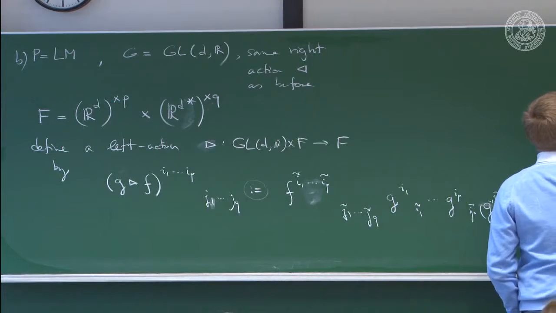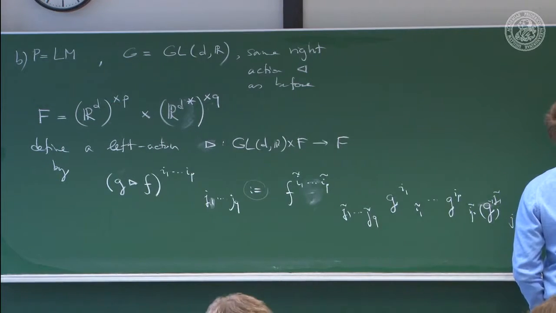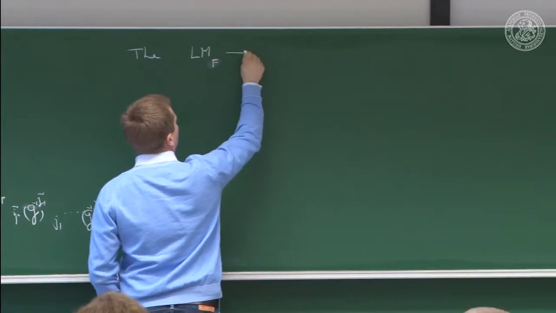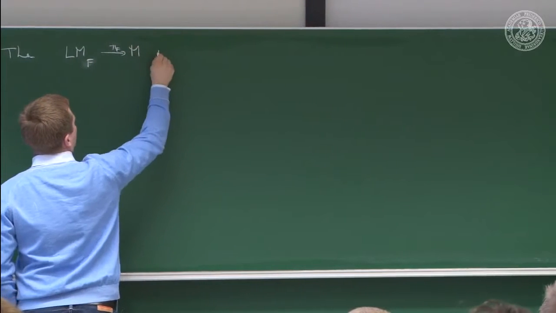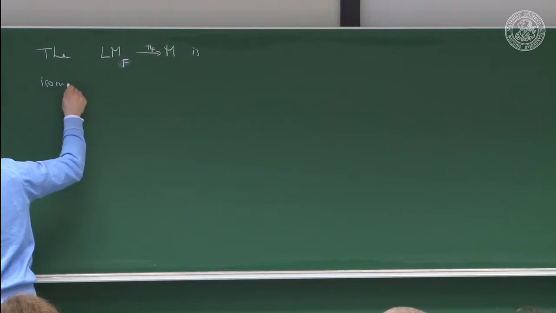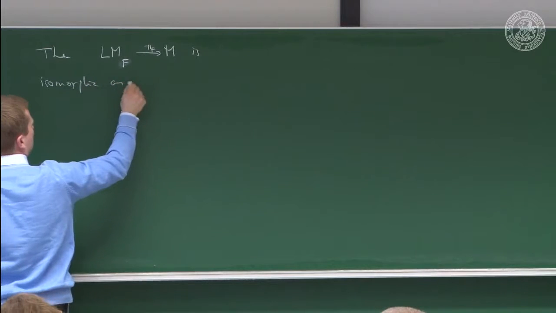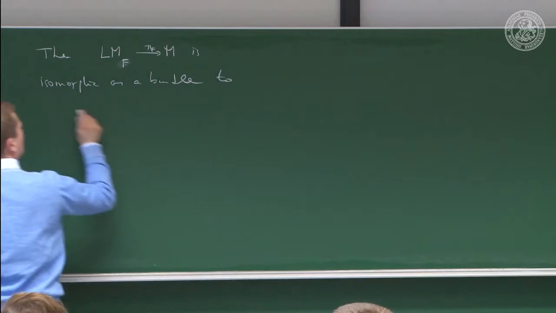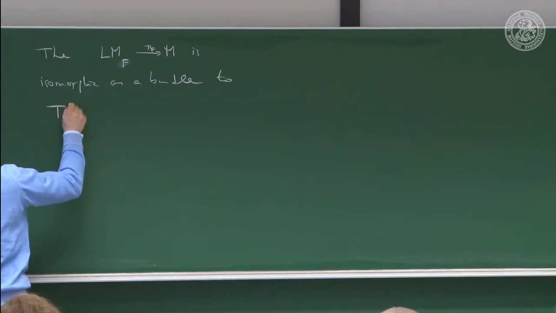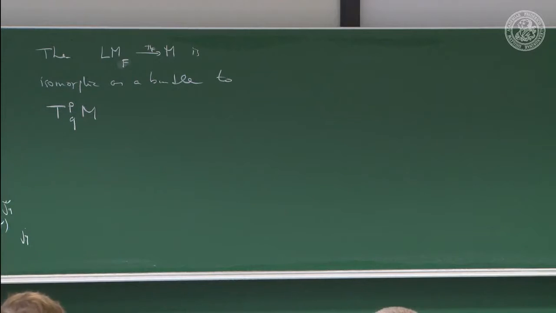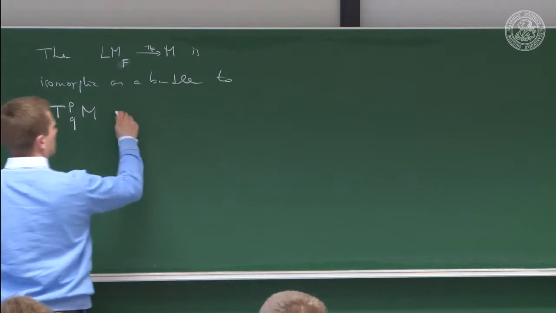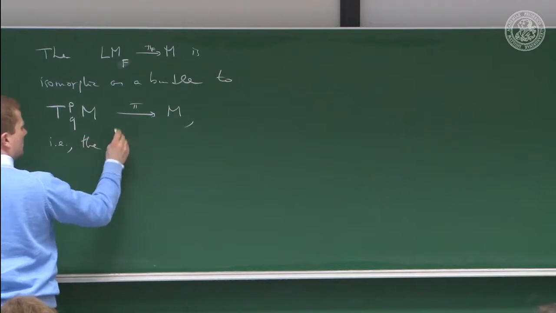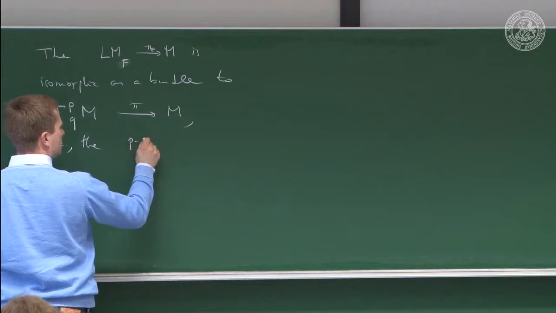Then L(M) sub F, with projection pi F M, is isomorphic as a bundle to what before we called T^P_Q M, which had a projection map, that is the PQ tensor bundle.